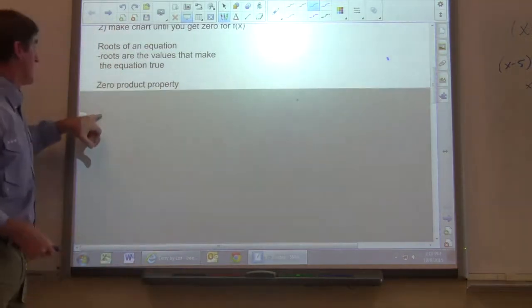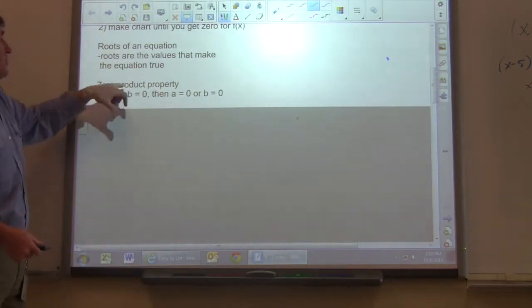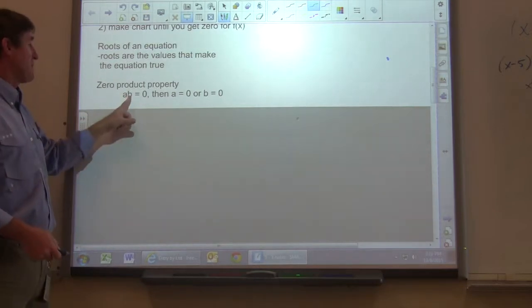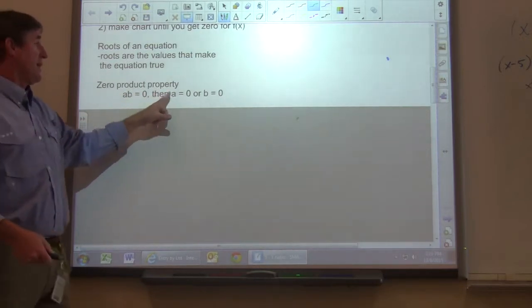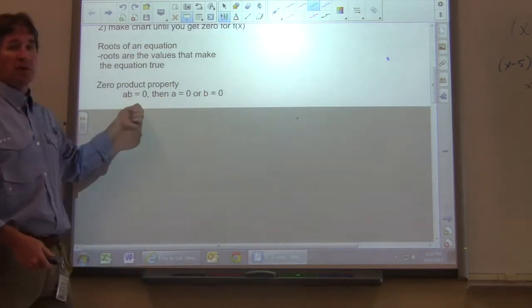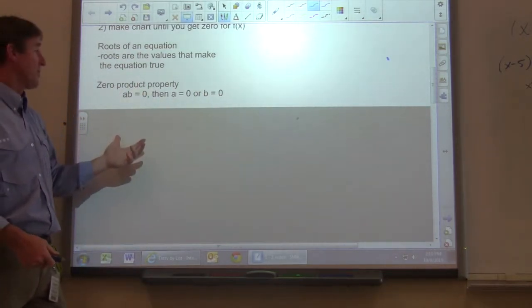So, the other term, zero product property. This is pretty common sense. If A times B equals 0, then A equals 0 or B equals 0. The only way you can get 0 when you multiply two numbers together is if one of them is 0.